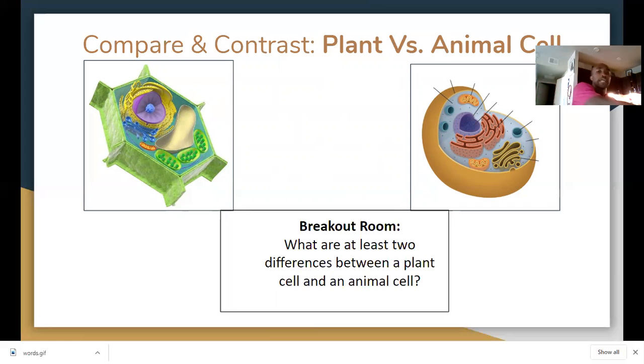If you notice about a plant cell, it is a little bit more rigid. Plant cells do not have bones. They have these really cool things called cell walls, which we're going to look at more in detail. You can kind of see a cell wall on this plant cell.